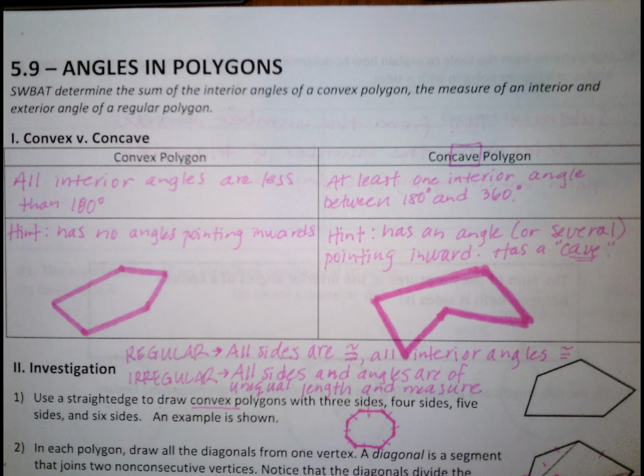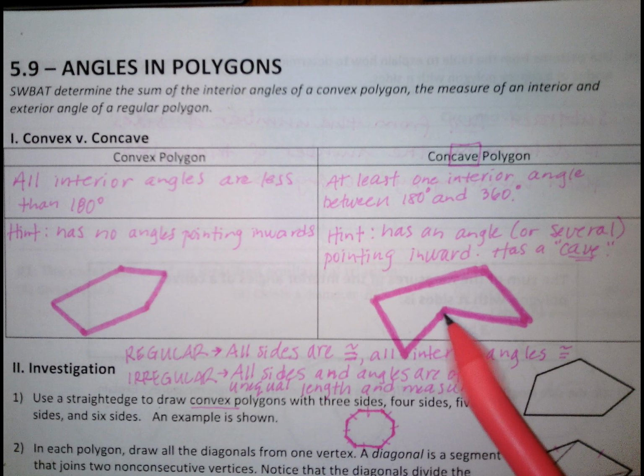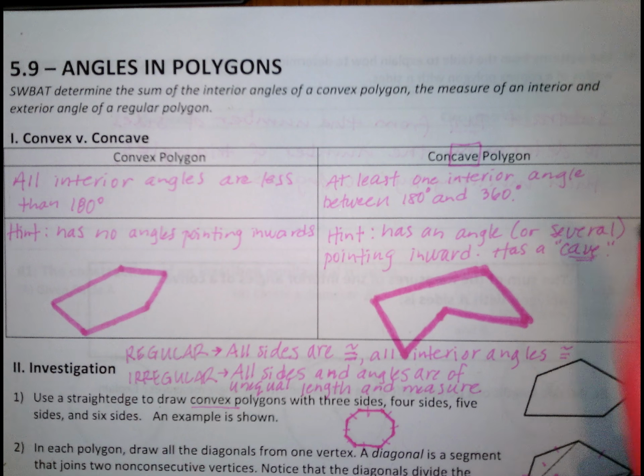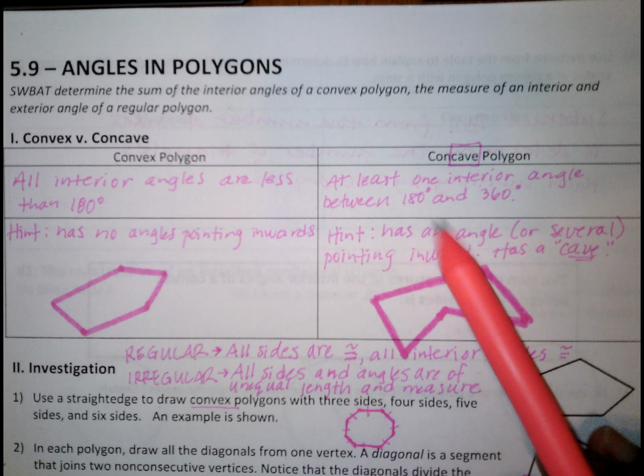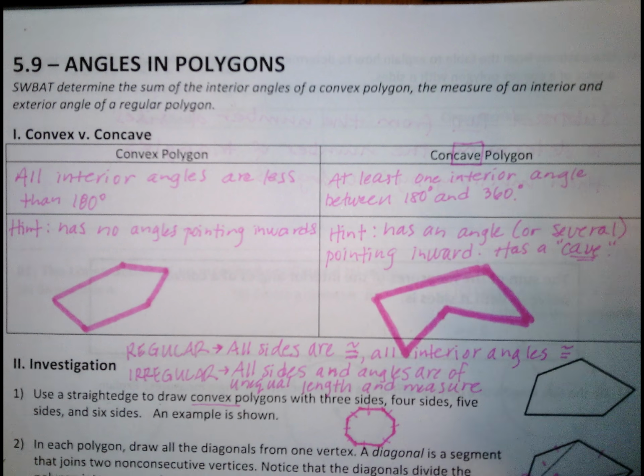A hint for that is if you look at a polygon and it doesn't have any angles pointing inward, like this one has an angle pointing inward, then it is a convex polygon. A concave polygon is one with at least one interior angle measuring between 180 and 360 degrees. Those are the differences.